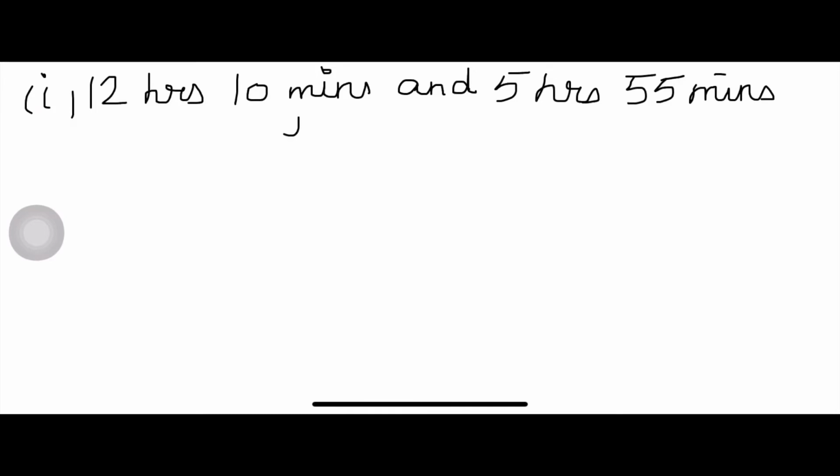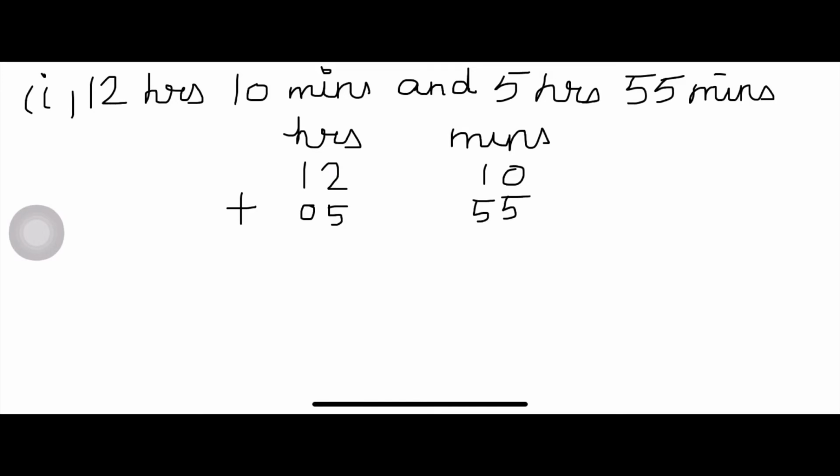First write hours and then write minutes. 12 hours, 10 minutes, 5 hours, add 55 minutes. Now add them. 0 plus 5, 5, 1 plus 5, 65, 2 plus 5, 7, and 17.